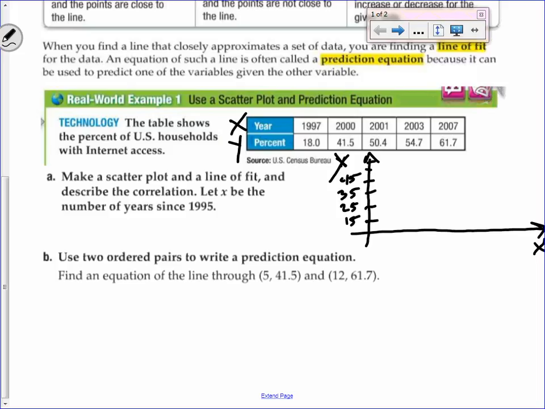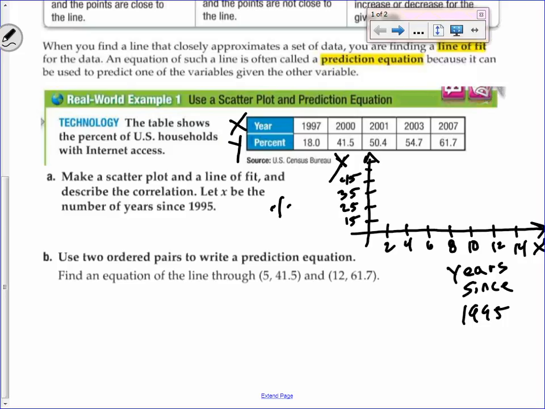It gets a little scrunched up there, but I'll be able to fit the 55 and 65. Then the number of years goes on our x-axis, to scale: the number of years since 1995. So 2, 4, 6, 8, 10. So x is years since 1995, and y is the percent of households with internet access.